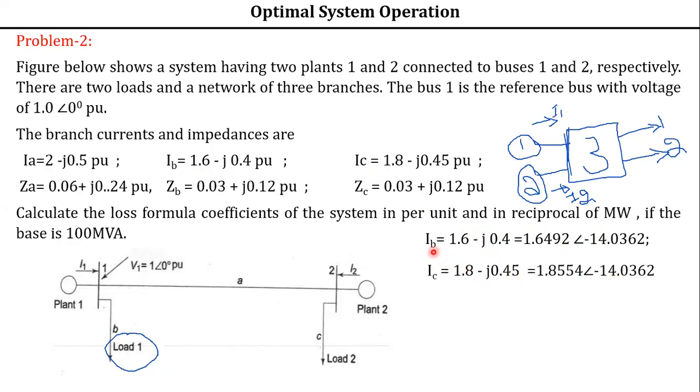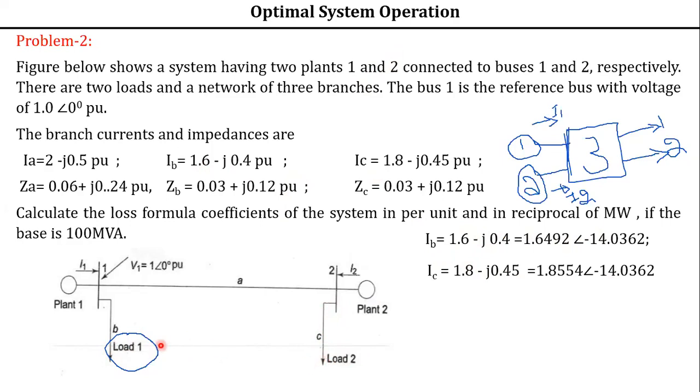Why? IB is the current flowing through this branch B, that is nothing but the current flowing to load 1, isn't it? And the current flowing through the branch C is IC. That itself is your load current IL2. This is IL1, this is IL2.